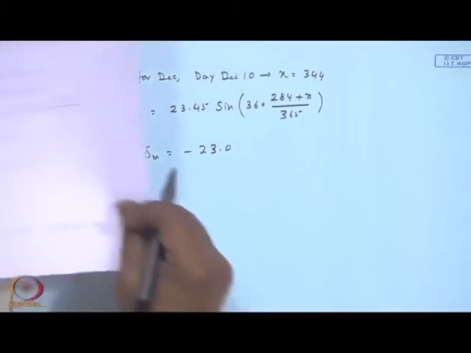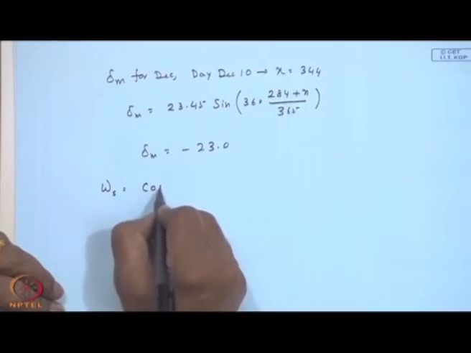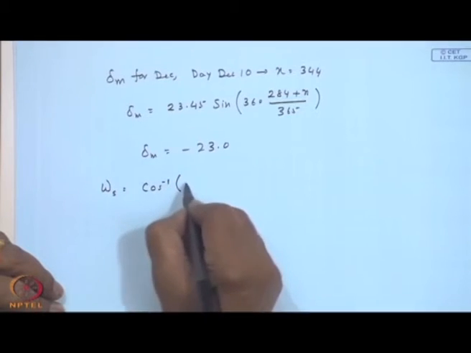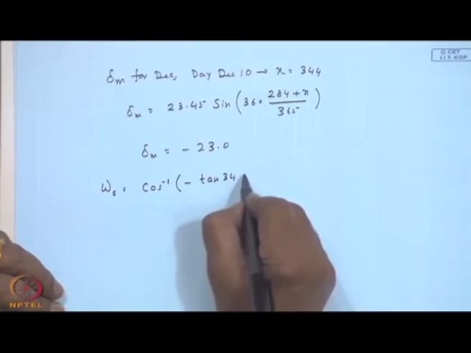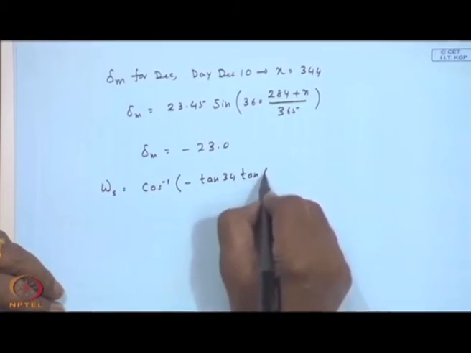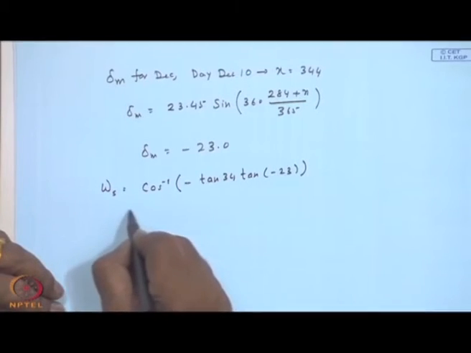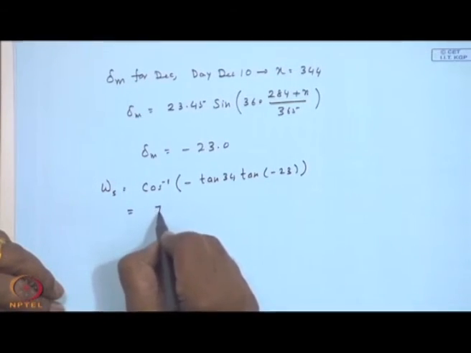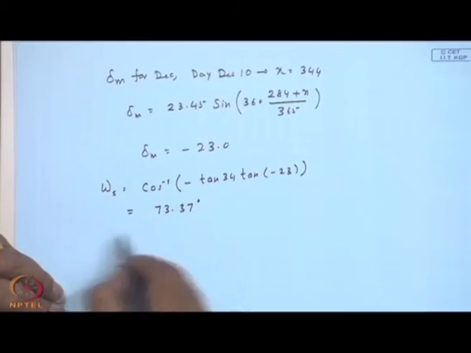So, data H bar is known. Now, we will calculate the sunset hour angle omega s, which is cosine inverse of minus tan 34 tan minus 23, which is equal to 73.37 degrees.